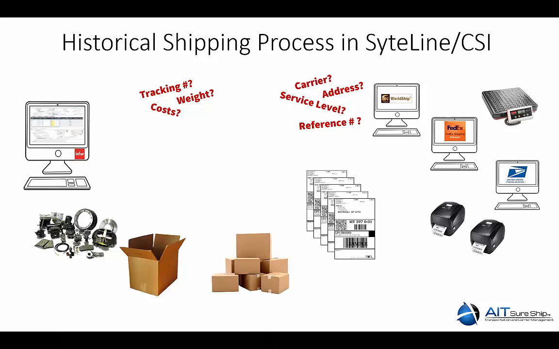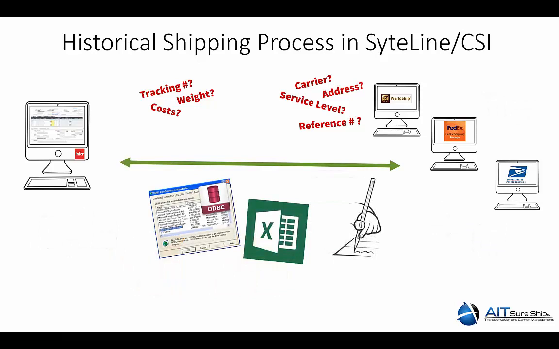Then you've got all the World Ship, FedEx Ship Manager, all the carrier stuff, and they've always historically been two separate things. We've been doing implementations for a long time, and without almost any exceptions, we've been asked to come in and do some sort of integration here, either an ODBC connection to World Ship or other things. And some customers are just doing it manually, or they've got the address book in World Ship and they just leave it at that.